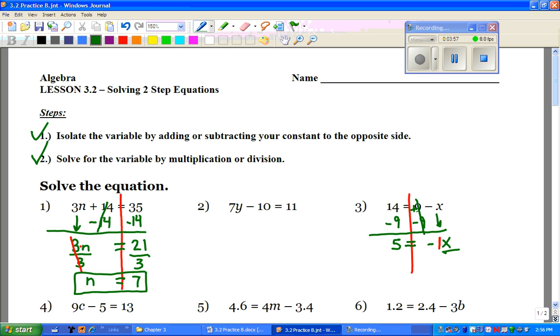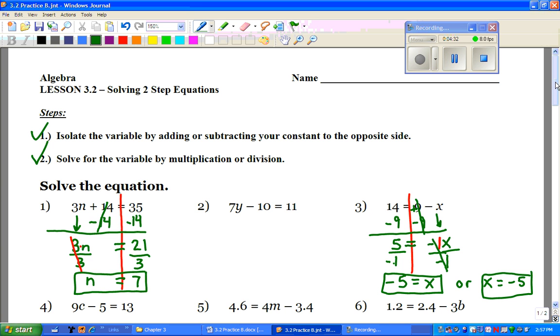We're going to divide by negative 1 here, and by negative 1 here. 5 divided by a negative 1, a positive divided by a negative is a negative answer, so negative 5 equals x, or we could write this as x equals negative 5. I would accept either way.